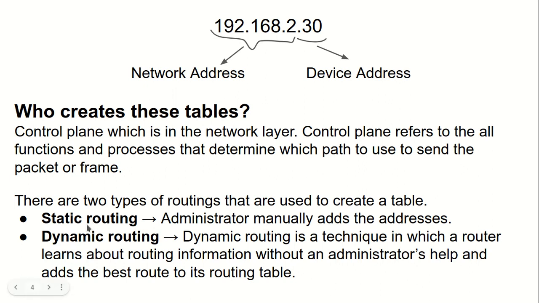In dynamic routing, the router learns about routing information without an administrator's help and adds the best route to its routing table.